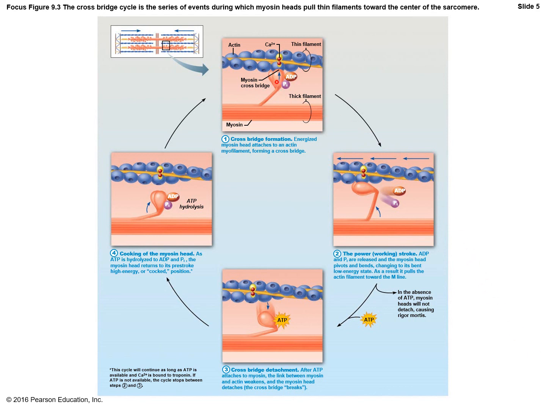So right here, it attaches. It's going to pull so that it is sliding the blue or the thin filament, that actin. So it attached right here, and now it's going to slide it. Now it has to detach from it. That's going to require ATP, and then recock so it can bind to the next site.